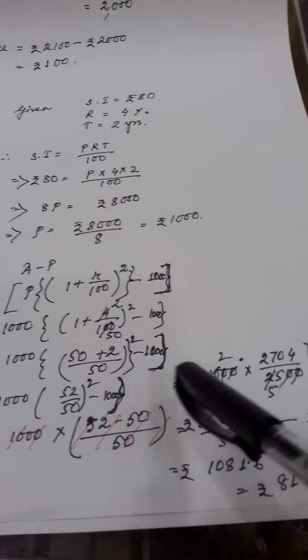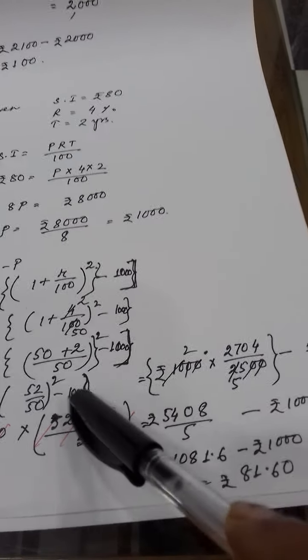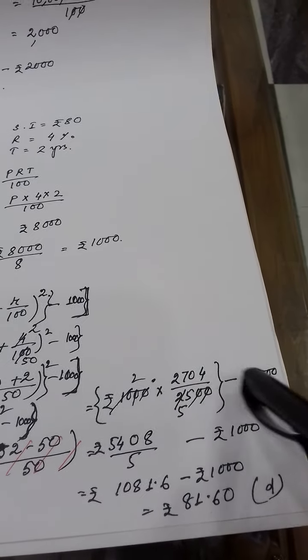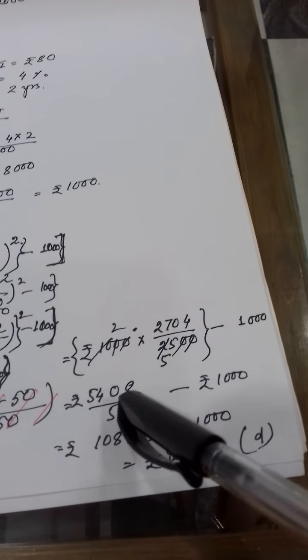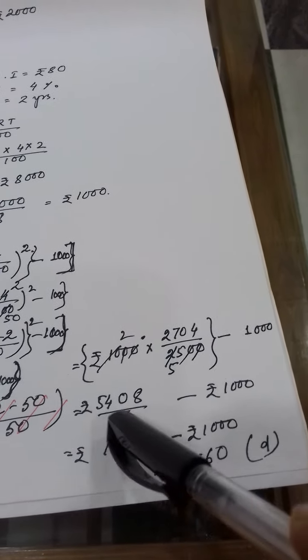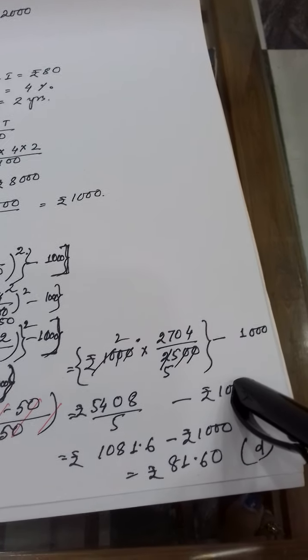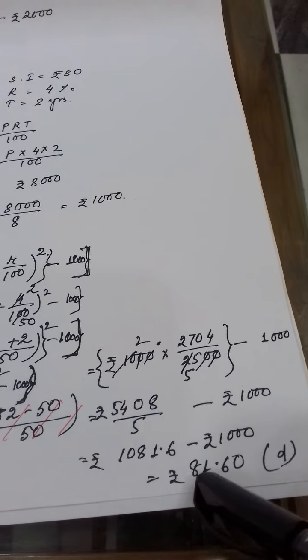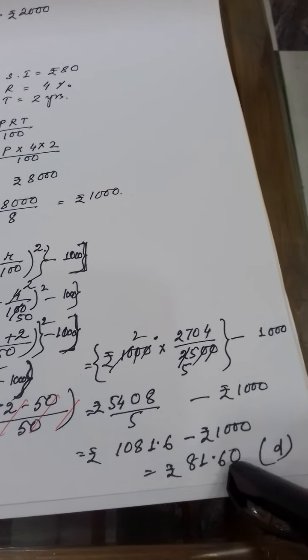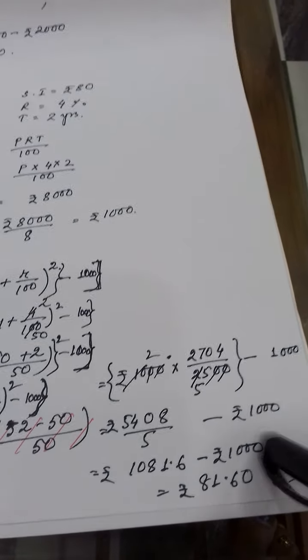Here it is 1000. You can do the calculation this side, and the minus 1000 remains the same. After this it will come 5408 by 5 minus 1000. When you do the calculation, your final answer will come 81.60, which is option number D.